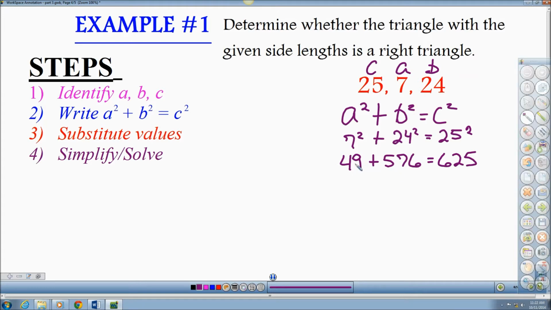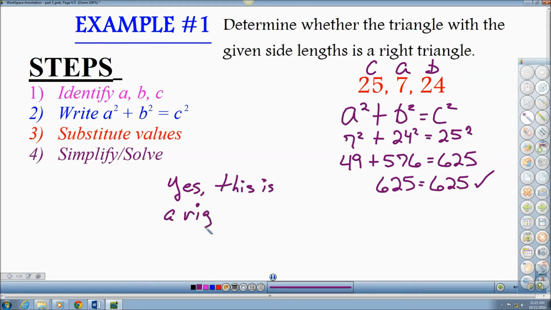And so when I add 49 plus 576, I get 625, which is equal to 625. So this checks out, and yes, this is a right triangle. So I'm going to write my answer. And I'm going to abbreviate triangle with the picture.